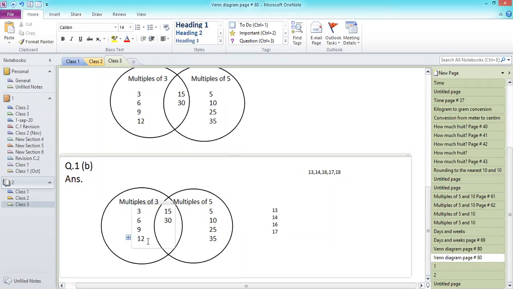That's why I will write 18 here. If there is a number like 45, I will write 45 in the common area, because 45 is a multiple of 3 and also a multiple of 5.